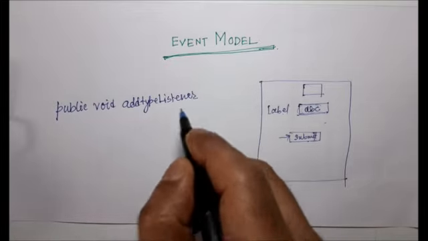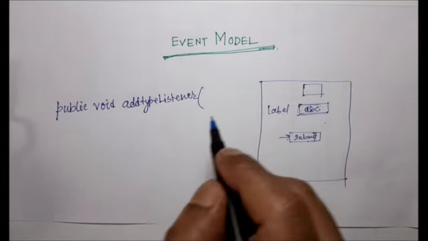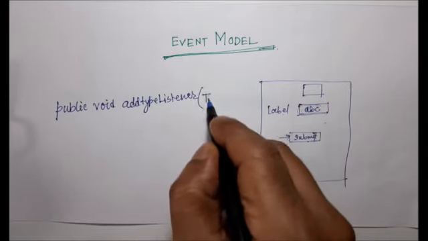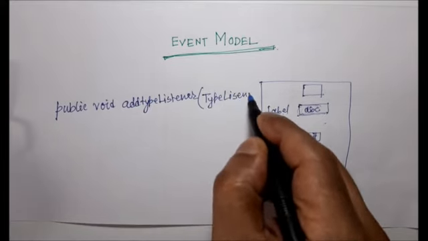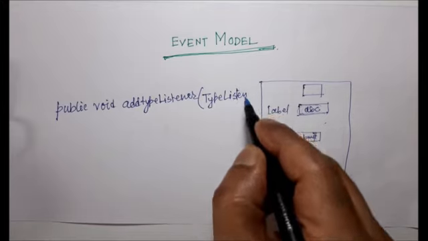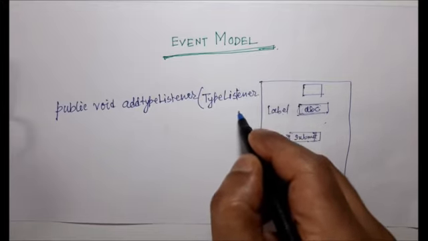And within brackets, as an argument, I have to pass that type of listener object. So Type Listener object, for example EL.